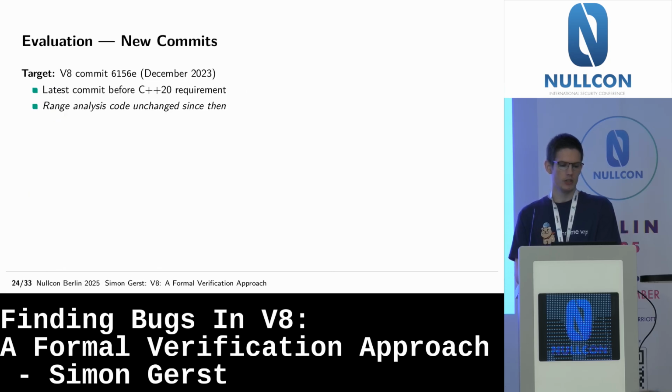So first I evaluated on a new commit. This commit is from December 2023. It's the last commit before there are C++20 requirements, which the ESBMC tool cannot yet handle. And the range analysis code itself has been unchanged since this commit, so this is fine.